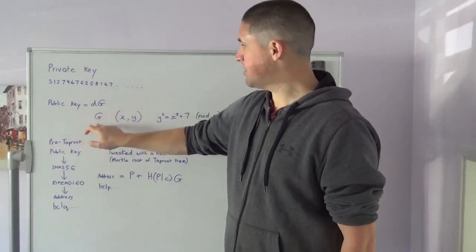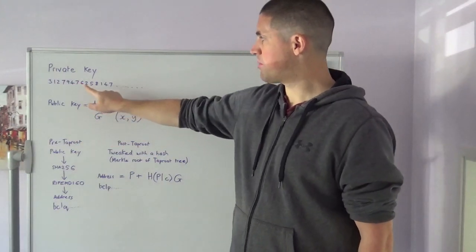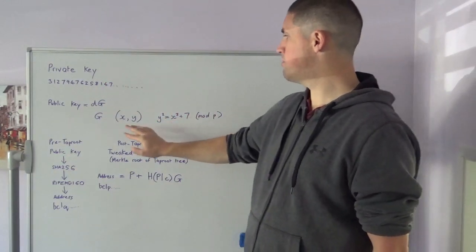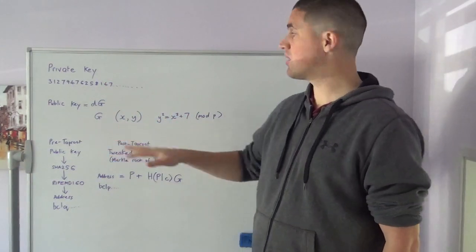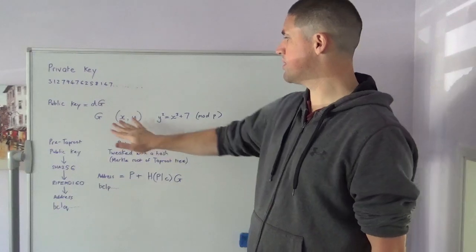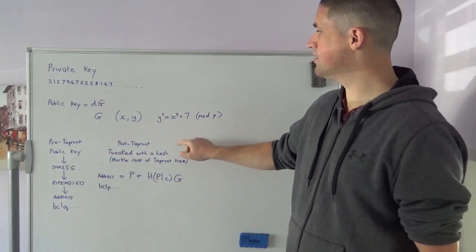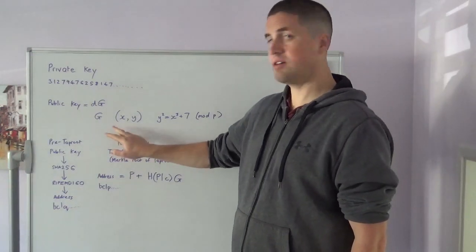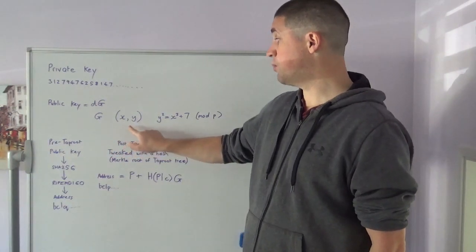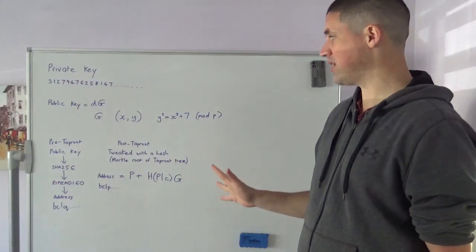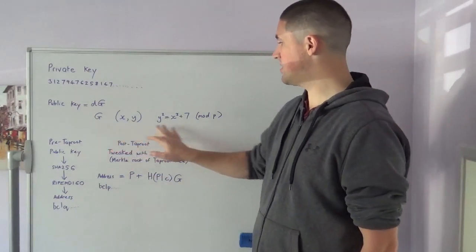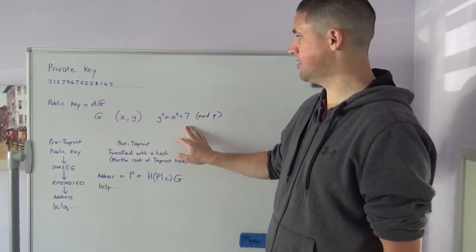The public key is calculated by multiplying the private key, a very long random number, by a generator point. I won't go into the elliptic curve math, but the generator point for this elliptic curve that Bitcoin uses is just a coordinate, an x, y, of which x and y are also very large, but they're fixed, right? And it's part of the definition of this elliptic curve that Bitcoin uses.